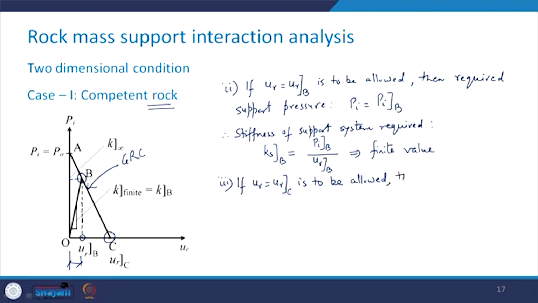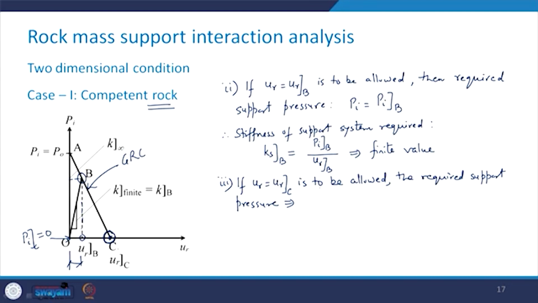The required support pressure will be what in this case? Look at this figure and tell that this is going to be here, ur at C, and if I just drop a line here corresponding to this, your Pi value is 0.